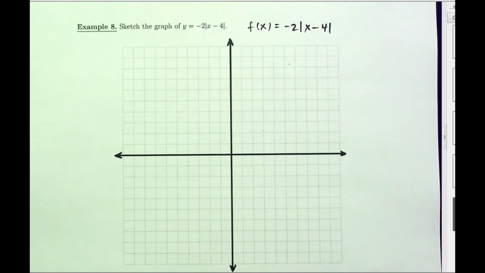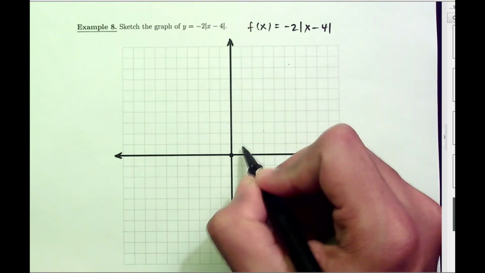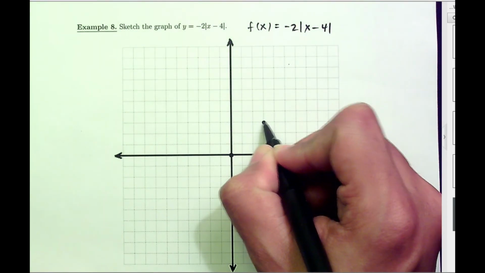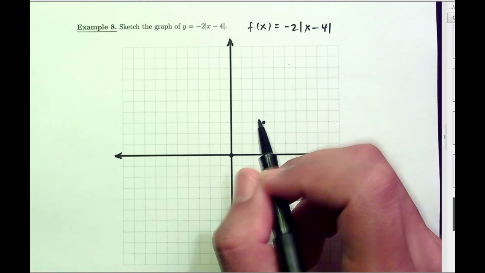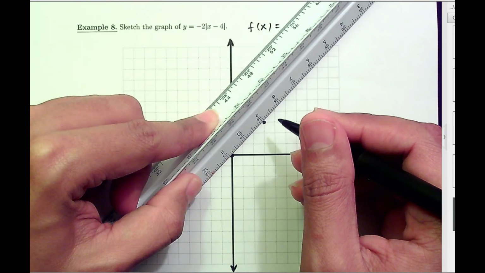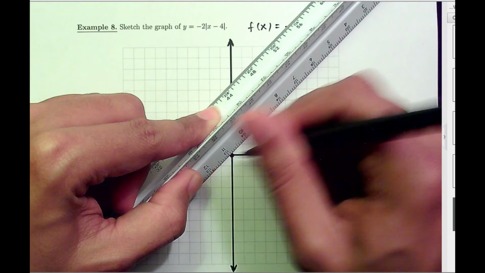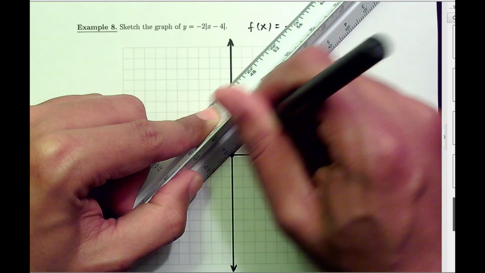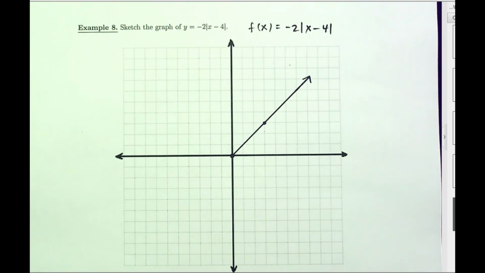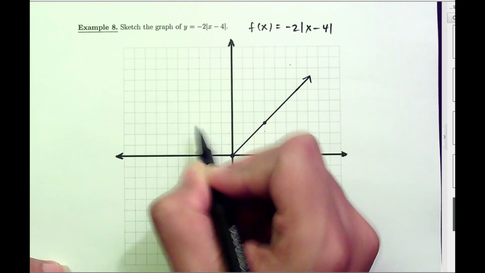Okay, so at 0, you get 0, that's the vertex of the V. You can use that 1, 1, or 2, 2, or 3, 3, or just any point in that graph. So that's going to give me one side. So I'm going to connect these. All right, and then the other side is the mirror image. So -3, 3.